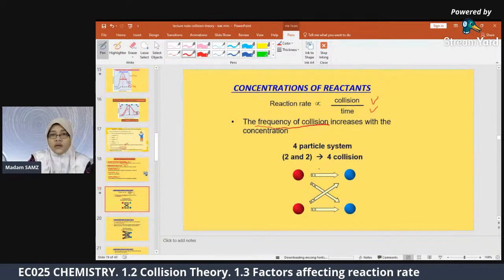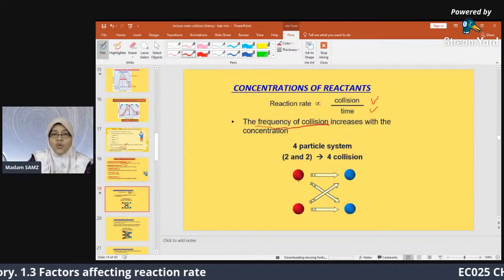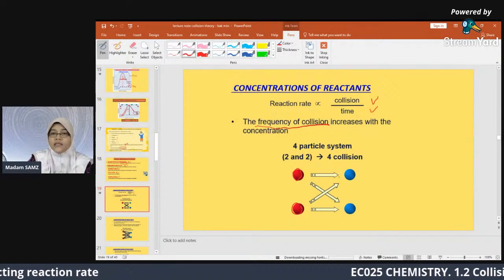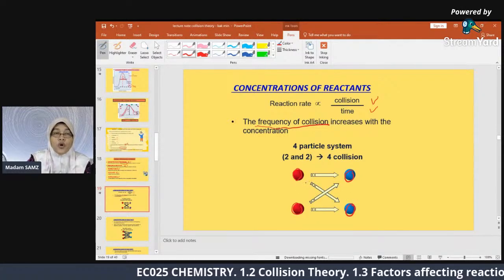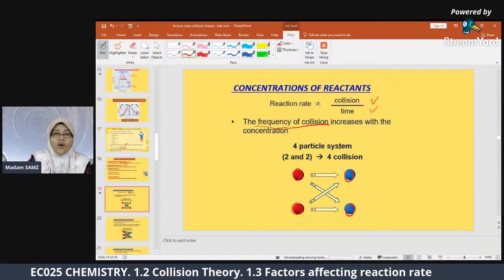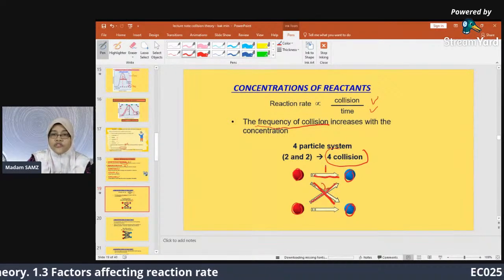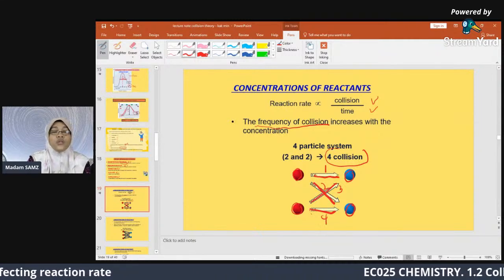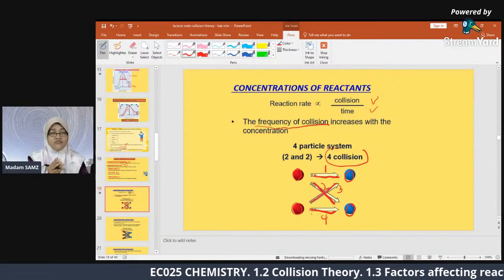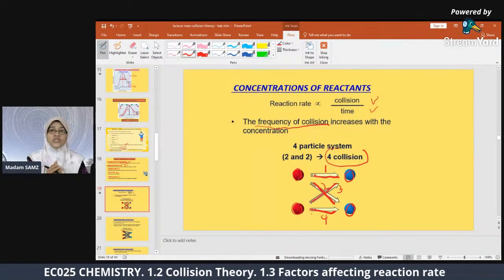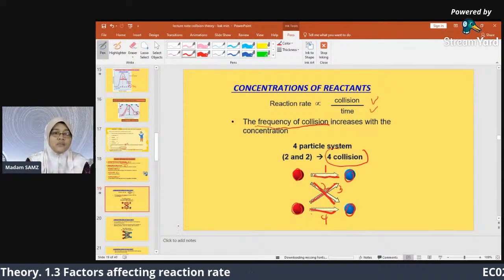For example, here we have two types of reactant, 2 moles of A and 2 moles of B. The probability for collision is 4 collisions: 1, 2, 3, 4. Among these 4 collisions, maybe 3 of them are effective. So if the number of collisions increases, the rate of reaction becomes faster.